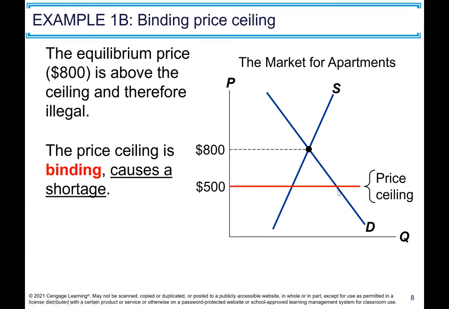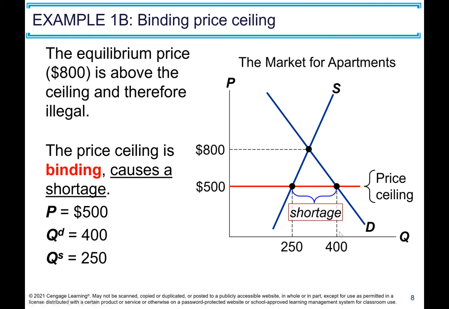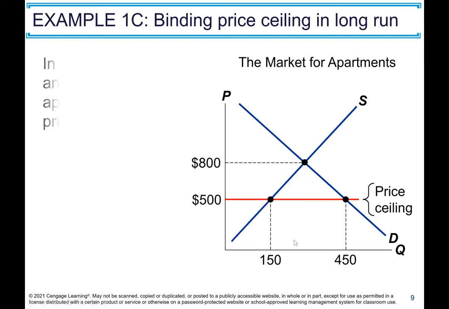Here, 400 apartments will be demanded, but only 250 will be made available. There will be a shortage of 150, that is 400 minus 250.